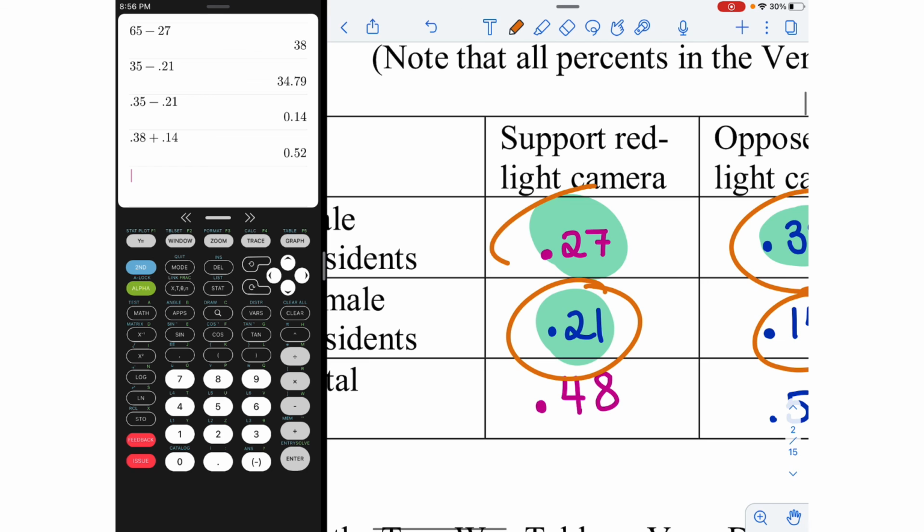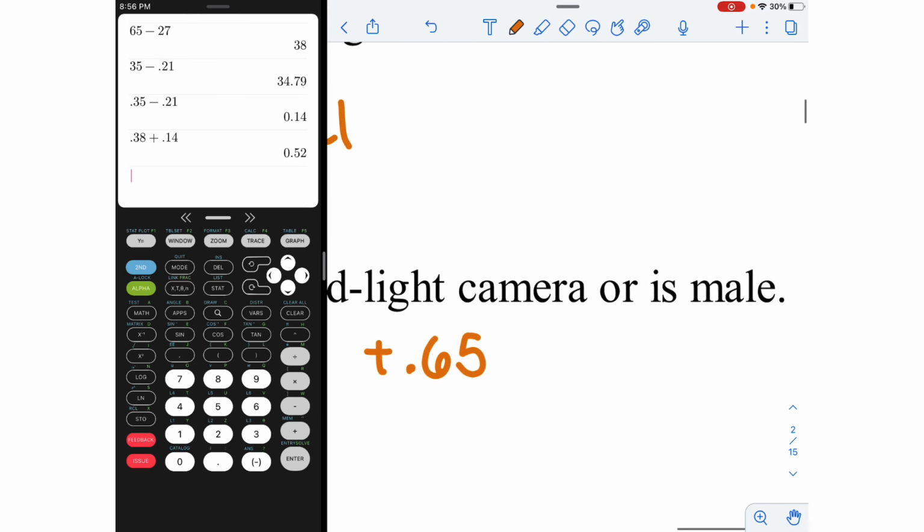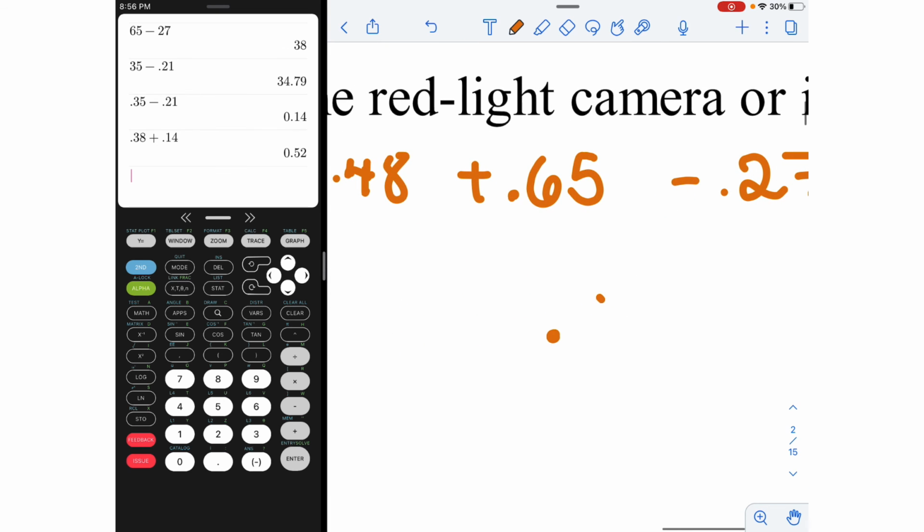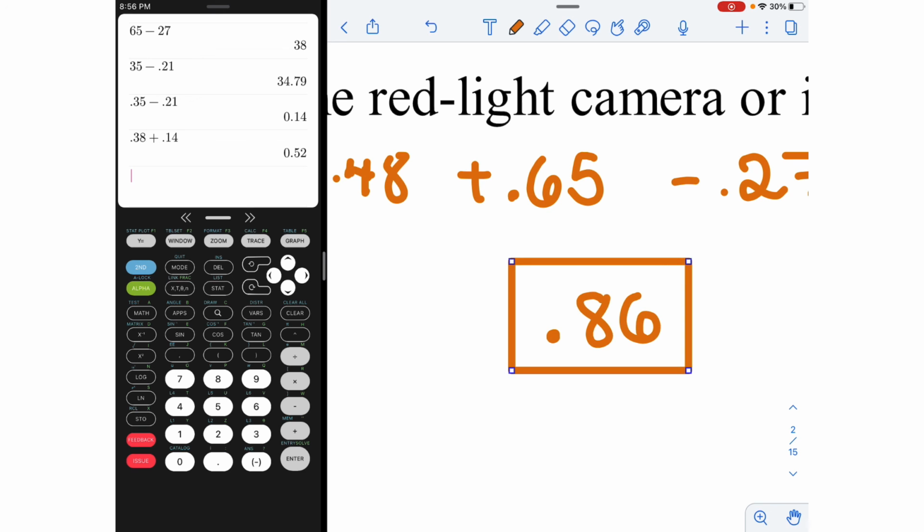We double counted this, so we have to subtract that out. And then that adds up to 0.86. So 0.48 plus 0.65, but we have to subtract out what we double counted. So that adds up to 0.86.